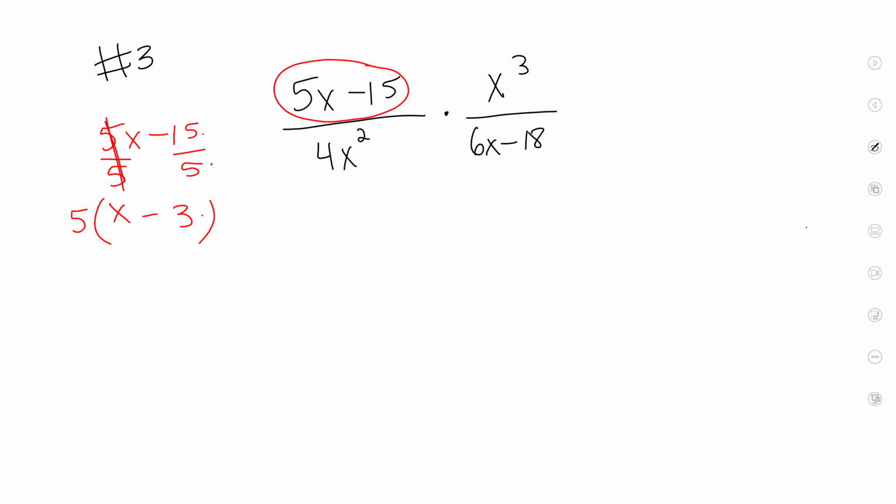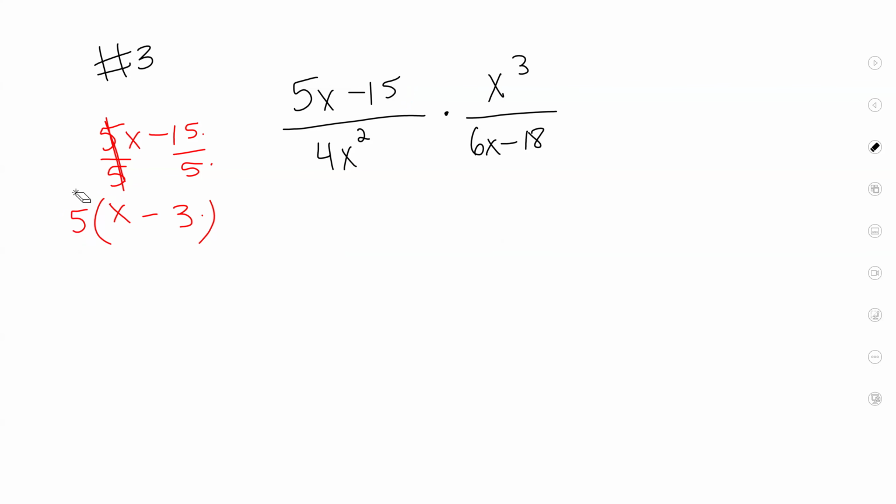We don't want to change the numerical value. 5 times x is still 5x. 5 times 3 is still 15. We're not changing the value. We're just changing what it looks like, okay? So keep the 5 on the outside. If you leave the 5 out and just keep it like this, it's a whole different problem now, okay? So keep that 5 out there.